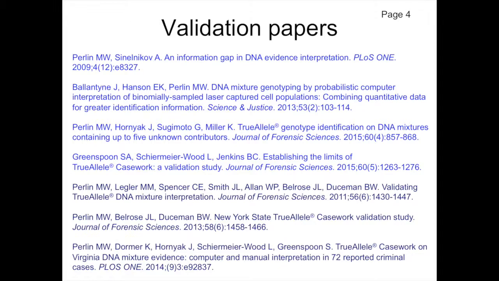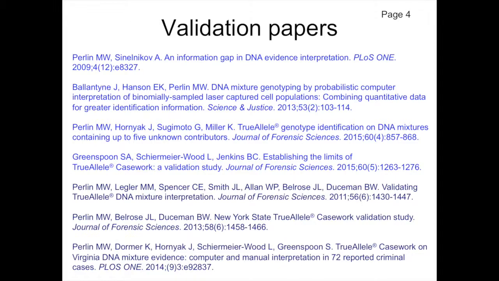The first one and the third one are online because they're open access. The last 2 here are also open access. So you can read through these. But what they show is the false positive rate, the false negative rate, and the reproducibility under different conditions of high amounts of DNA, low amounts of DNA, for 2, 3, 4, and 5 contributors.